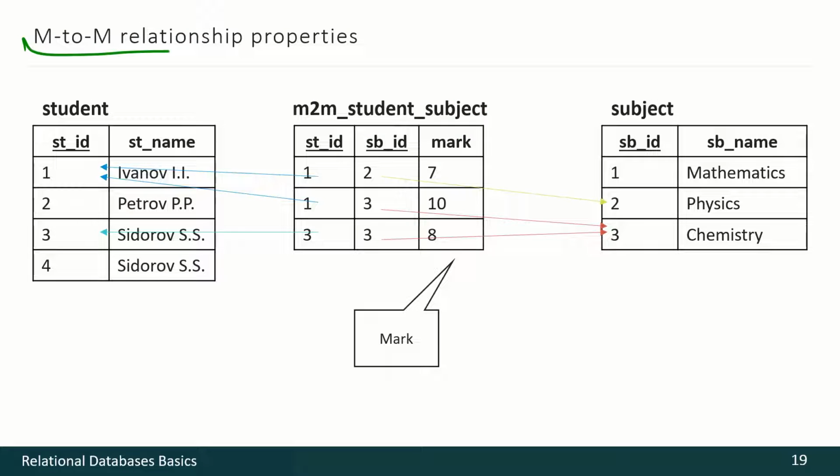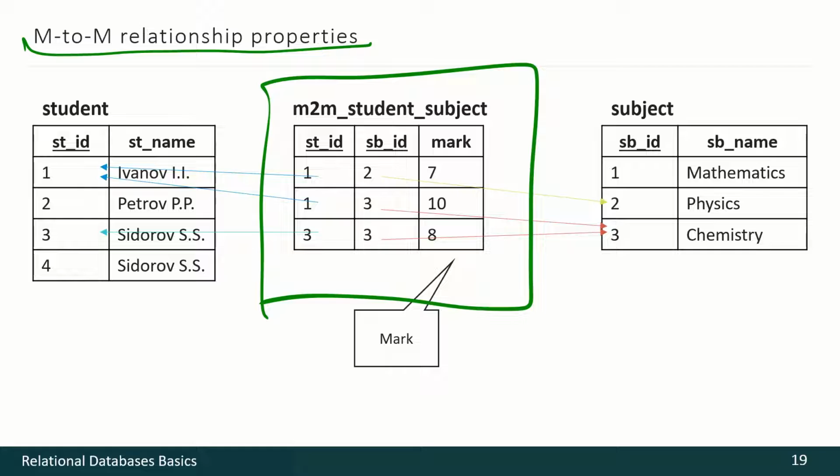In a many-to-many relationship, we have to use that association relation to store that property. Imagine that for a student and a subject, we have to store the mark that a student gets for the subject. We cannot put the mark here, because what's the point? What kind of mark is this? A mark for the student in general? That's impossible.